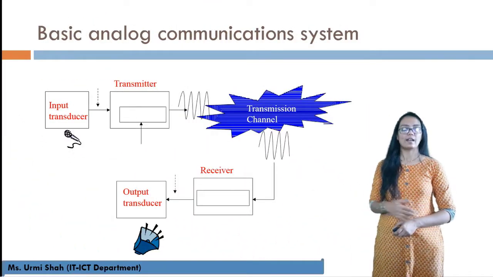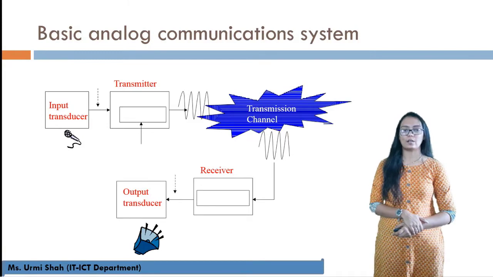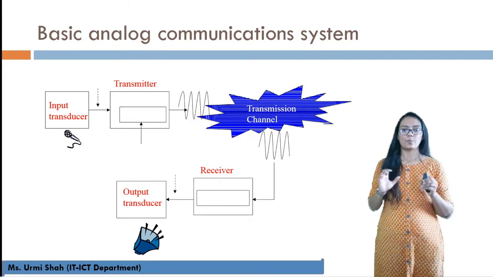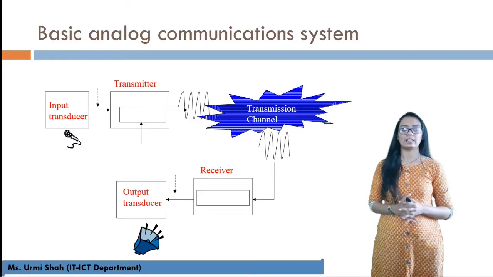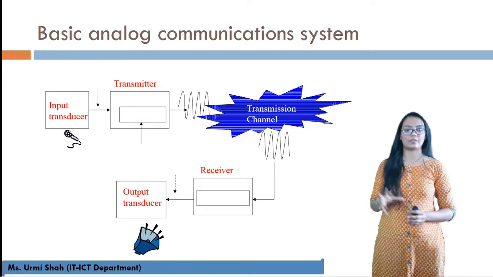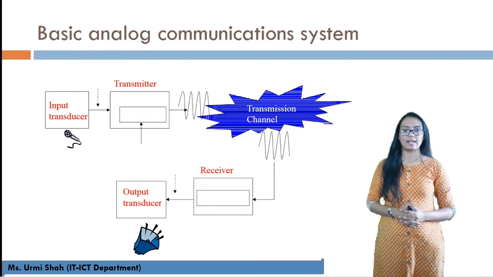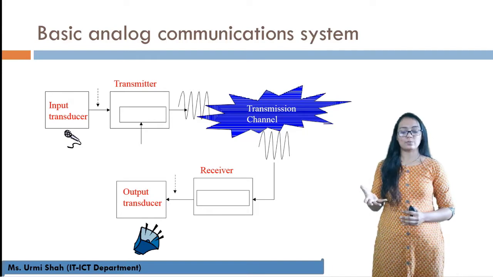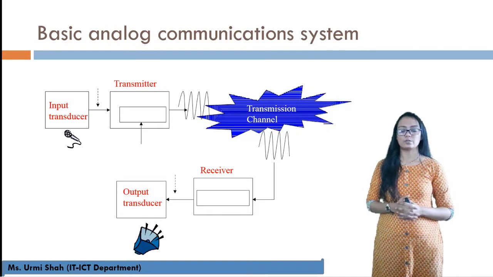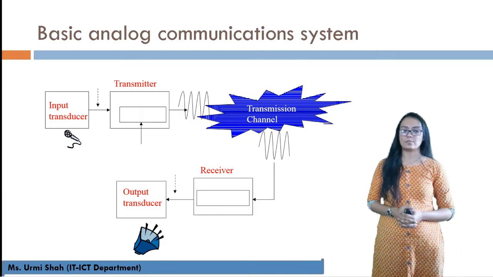Now next is the basic analog communication system. Basically, in an analog communication system, there will be an analog input, that is, an input transducer. The input transducer is going to generate the input signal. From there, the input signal is going to pass on to the transmitter.